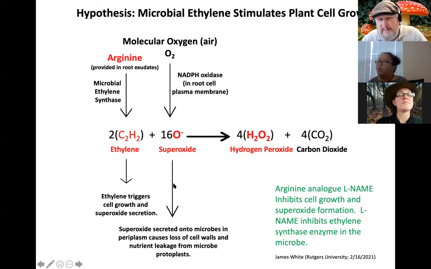Once the plant receives the ethylene trigger, it secretes superoxide. The superoxide will also strip cell walls off the microbes and keep extracting nutrients from them. But the combination of those two will produce hydrogen peroxide over here. And that hydrogen peroxide is what our DAB stain, that brown stain, is showing over there.